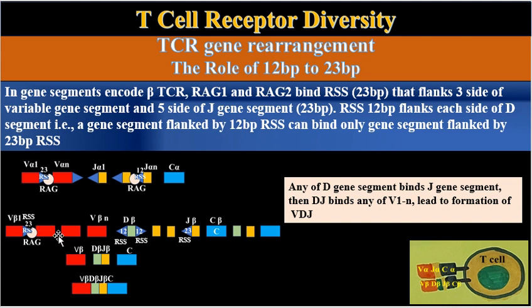So this will lead to formation of a functional gene that has the capacity to encode TCR beta of the T cell.